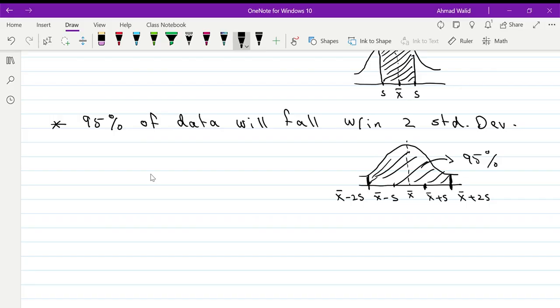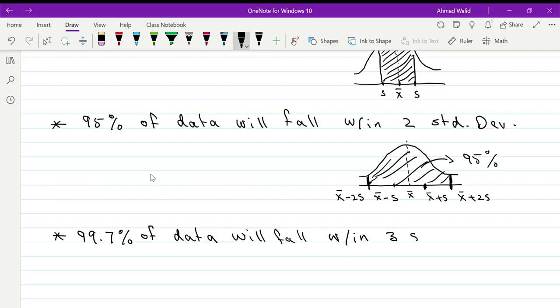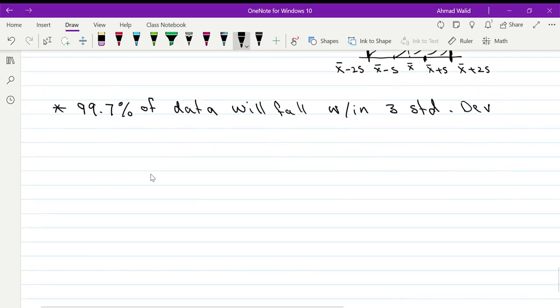Correct? Number 3. 99.7% of the data will fall within 3 standard deviation. Correct? I will just show the 3 of them.